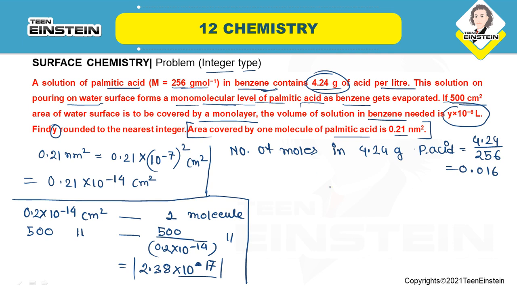Now 1 mole contains Avogadro number of molecules, so 0.016 moles will contain 0.016 into Avogadro number of molecules.